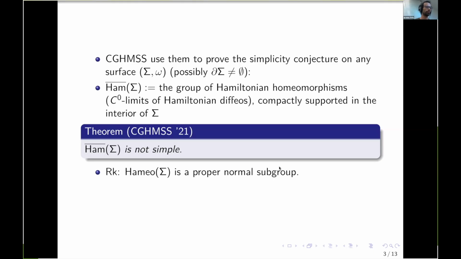For those of you who don't know what Hameo is, I will not give a fully detailed definition, but you can think of it as Hamiltonian homeomorphisms that are generated by some continuous Hamiltonian function.